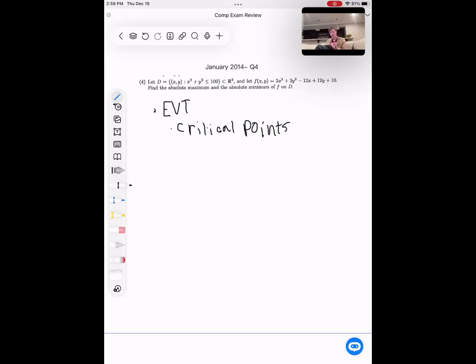And the second one is boundary points. And if you know the one-dimensional version of the extreme value theorem, you'll sometimes hear these referred to as endpoints. But now, because we're working in higher dimensions, there might be an infinite number of them. They aren't necessarily endpoints anymore, right? So that's why we call them boundary points.